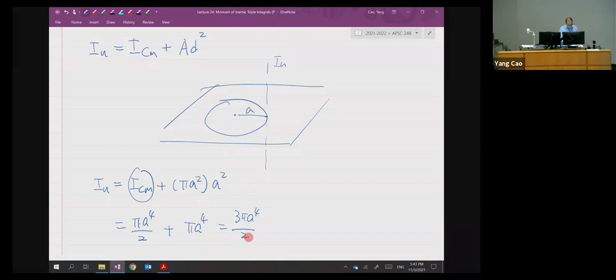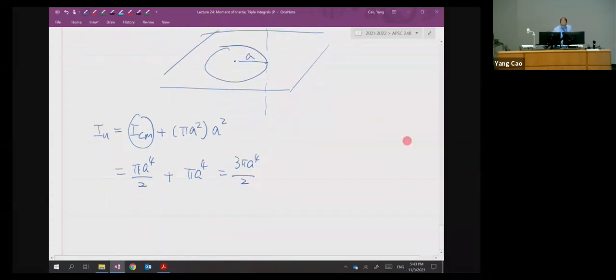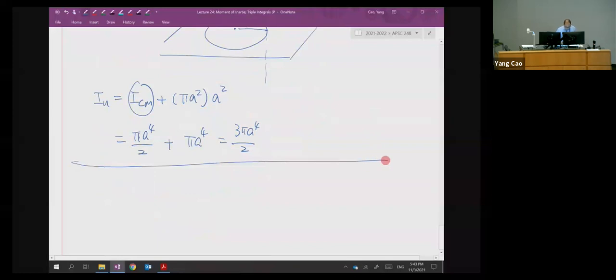All right, another thing I also wanted to mention is an application you have learned in your dynamics. You can define an angular momentum as L equal to I times omega.